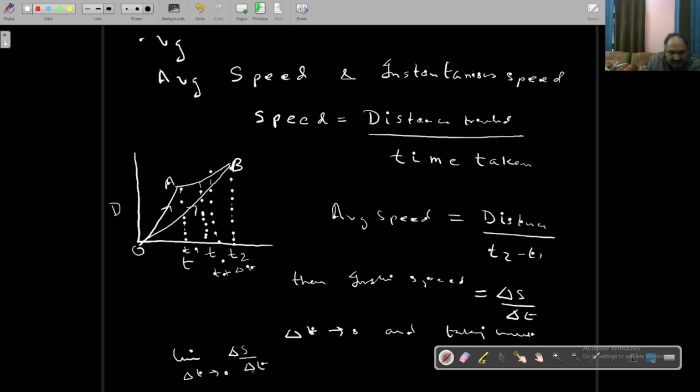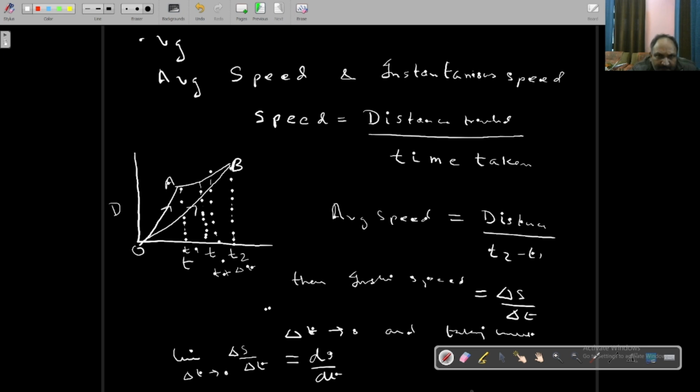Then we get the speed at this particular point, because the second point at t plus delta t coincides with time t. So this can be written as ds over dt. Now you got it. This is what speed and instantaneous speed are, right?